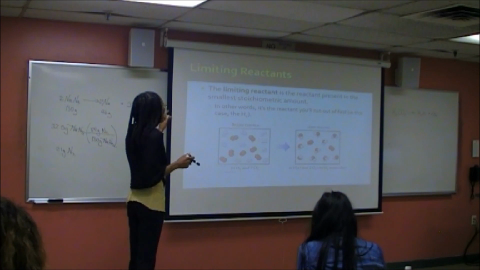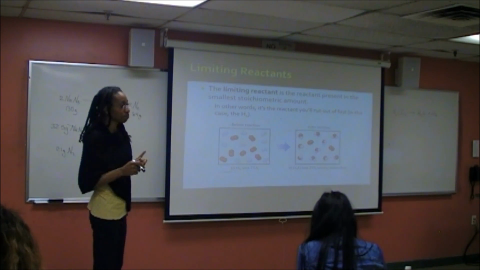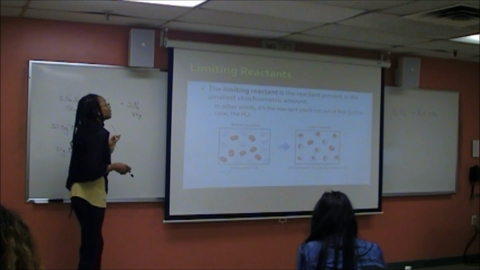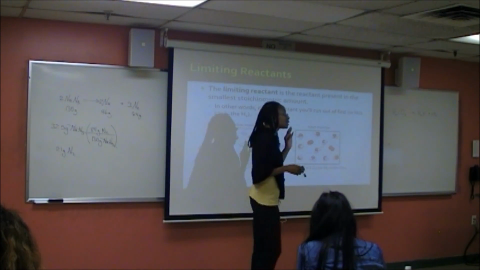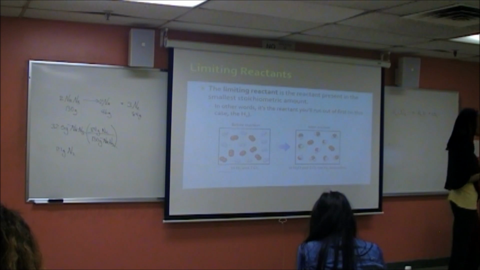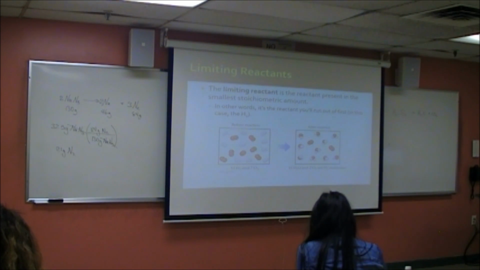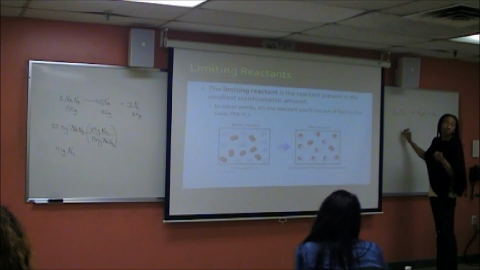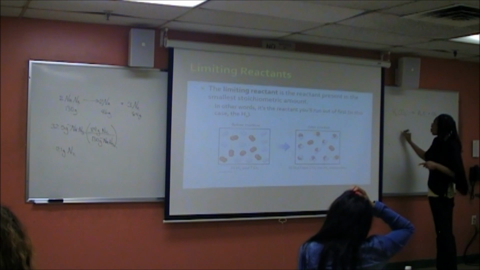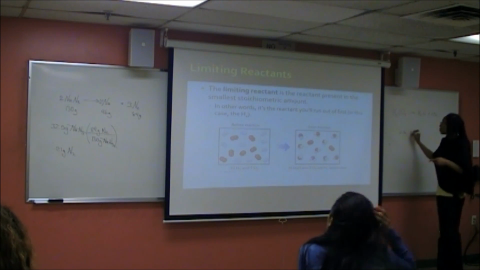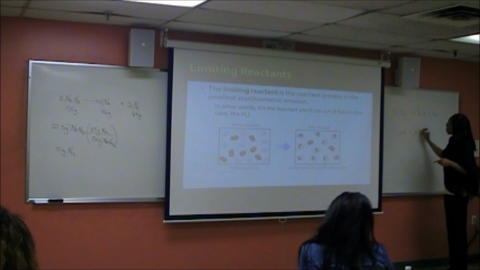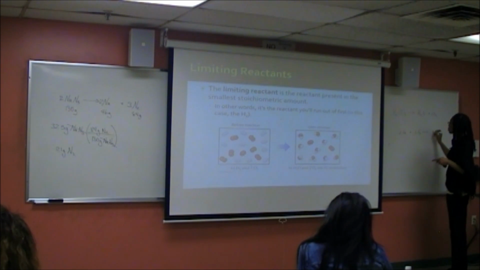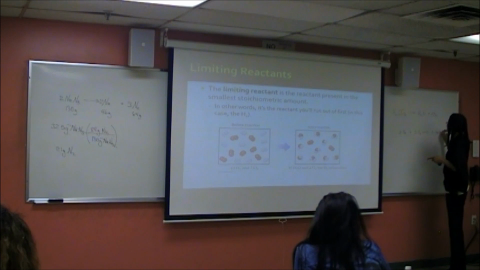Now, limiting reactant. Limiting reactant is simply which substance is in the smallest amount in your reaction. So if we were to flip this equation, what would it be? 2 sodium plus 3 nitrogen gas to produce 2 sodium azide. Exactly.